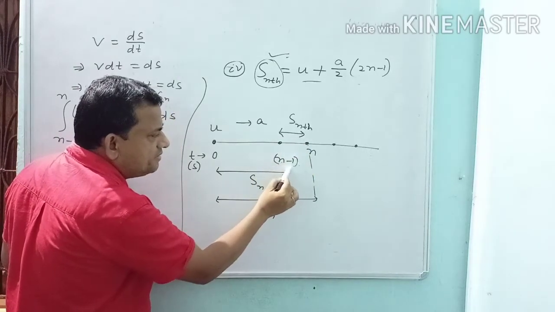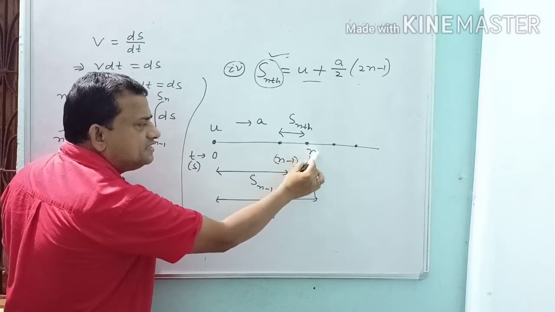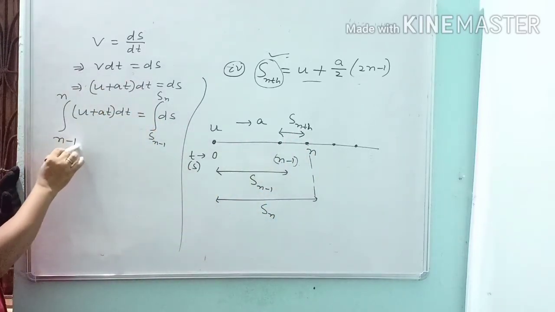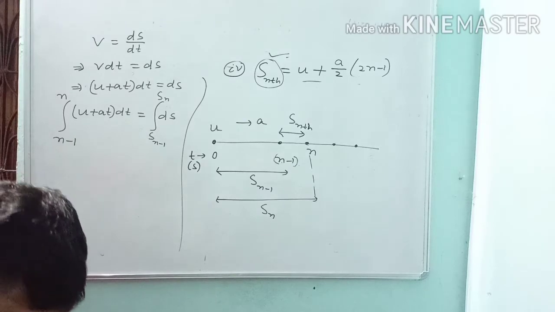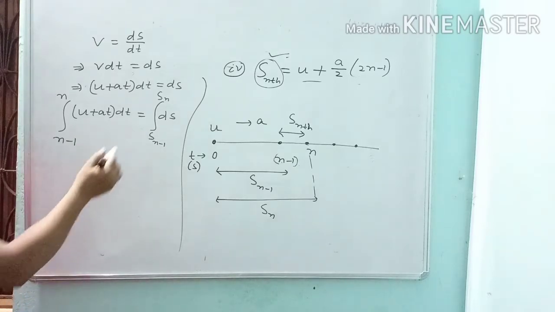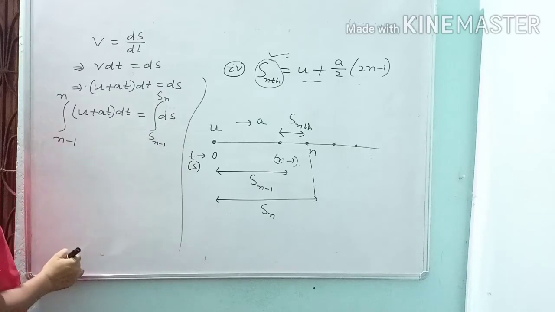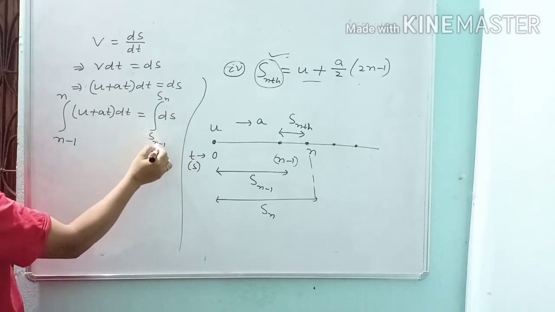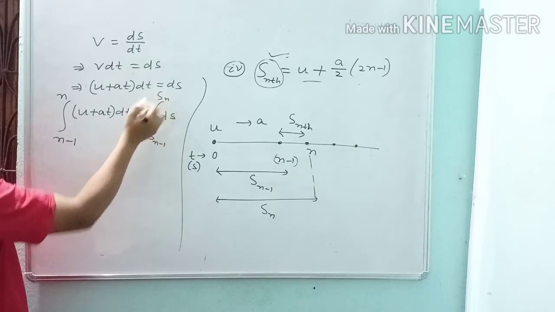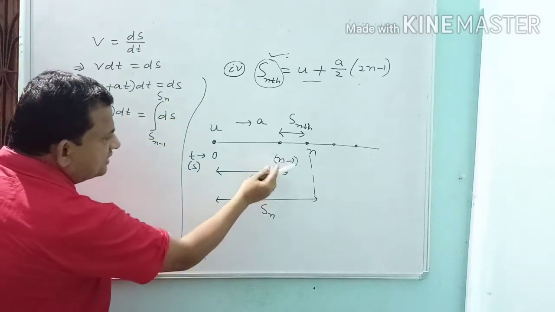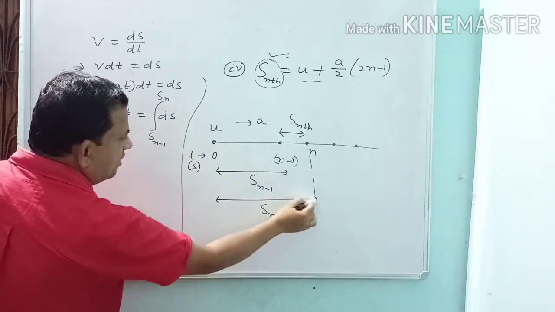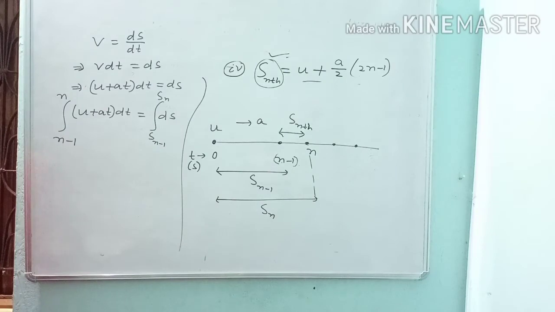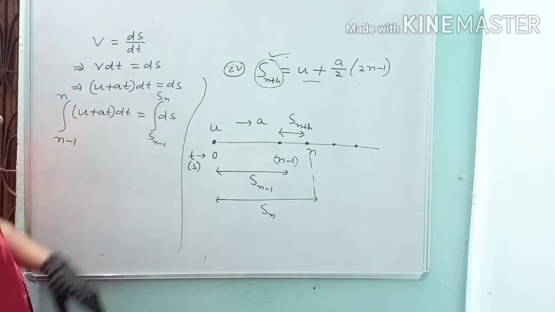So for time, the lower limit is n − 1 and the upper limit is n. And for displacement, the lower limit is S(n−1) and the upper limit is Sn.